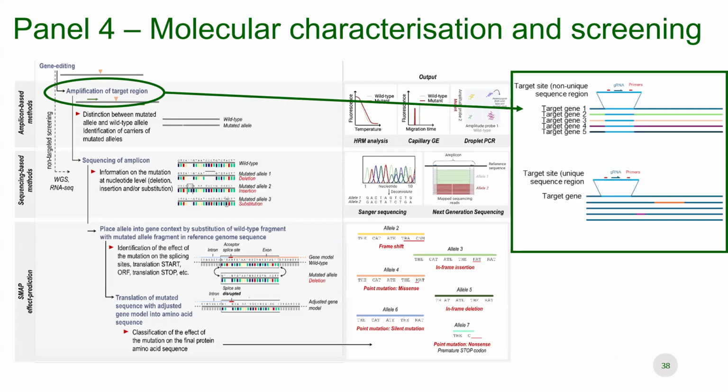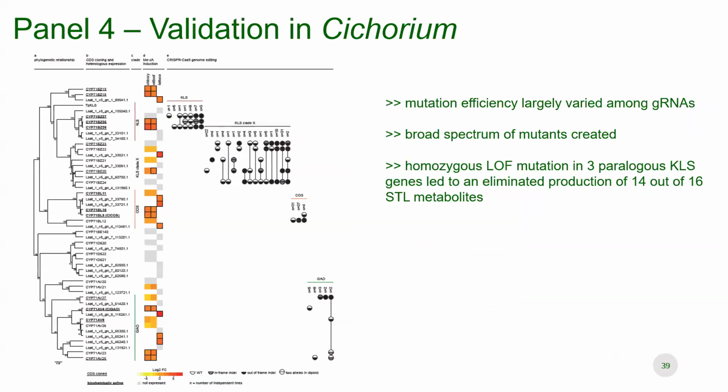And also, when we have the mutant alleles, to bring them back into the gene context to be able to see the consequence of the mutation on protein level. And a lot of tools are also tried and validated on Sigorium.